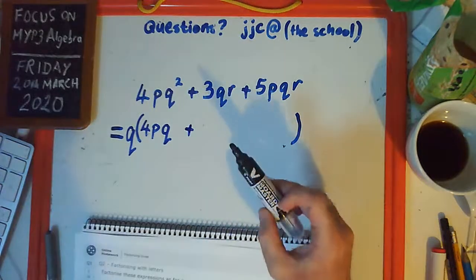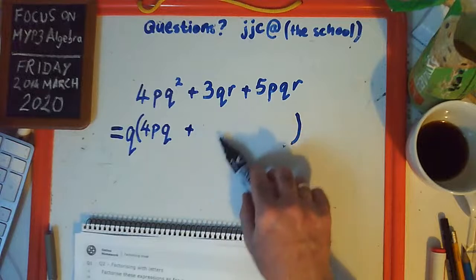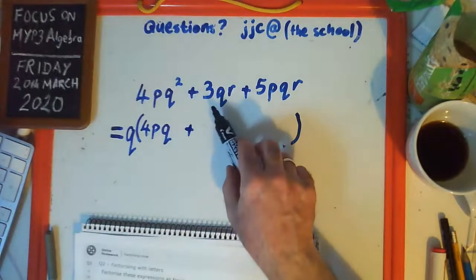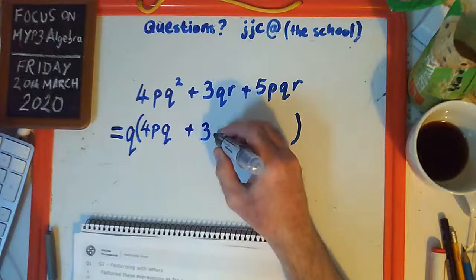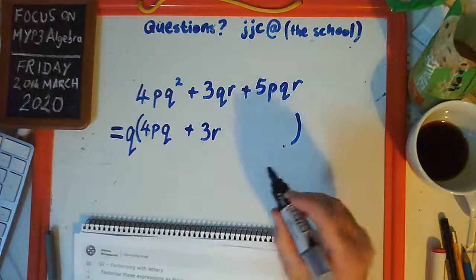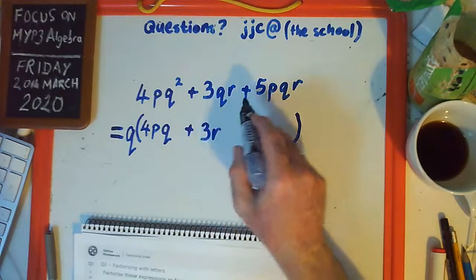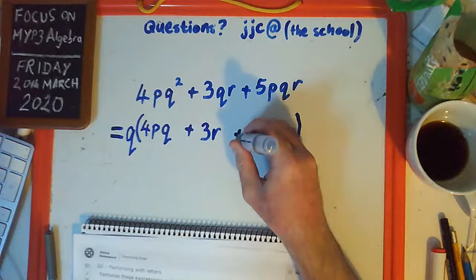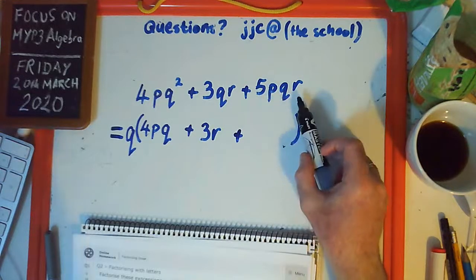Okay, the next one. Q times what inside the brackets will give me 3QR. So I'm going to need to multiply it by 3. The Q's already there, and I'm going to multiply it by R. So Q times 3R gives me 3QR. And then the last bit, so I'm trying to get 5PQR.